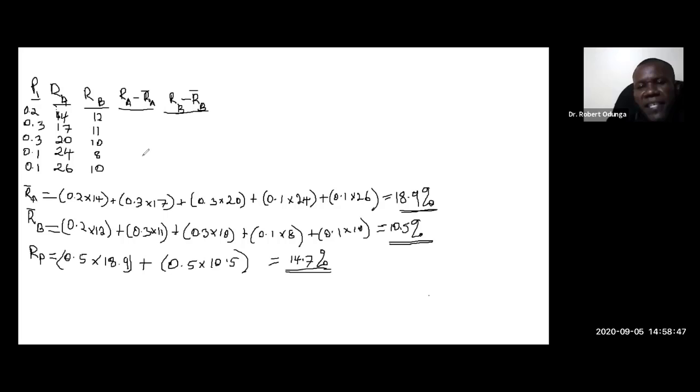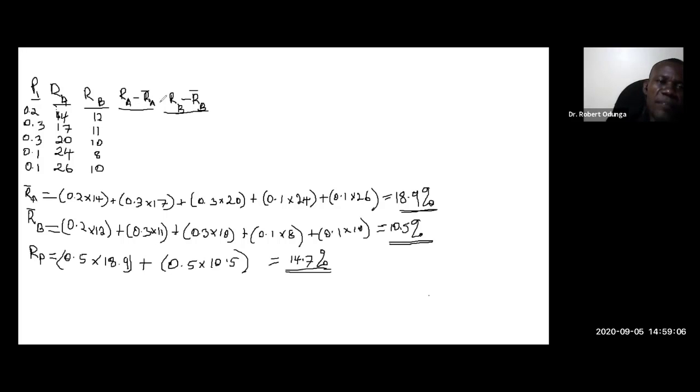To determine the risk of a portfolio, we have to determine the covariance between the two projects, and for that we must determine the risk of each project that we are putting in our portfolio.